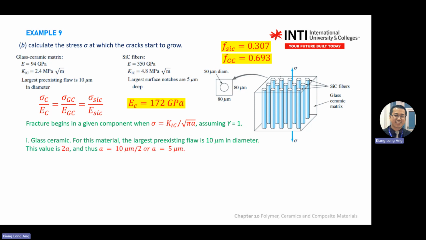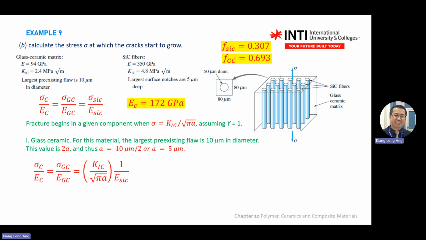You need to understand that flaw means defect. Defect has two types: one at the side of the body, A, or in the middle. In this case, we use 5 only and not 10. You substitute the value inside there.